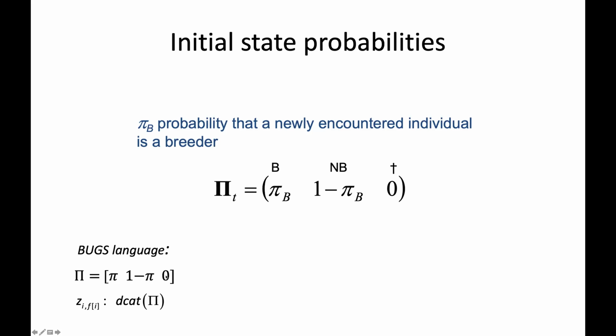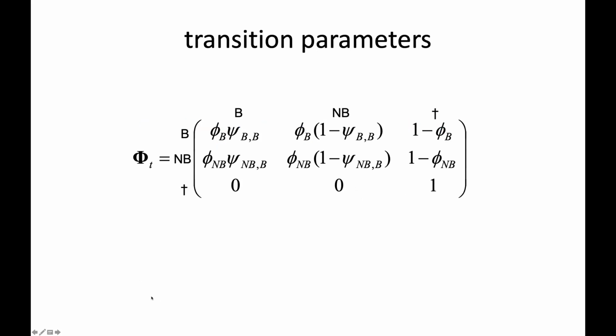Okay, but in that case, because you're not dead for sure at initial encounter, you could use a binary distribution, but we're going to use a categorical distribution for homogeneity with the rest of the model. Now for the transition parameters, it's not there that anything happens because really the uncertainty is in the state assignment.